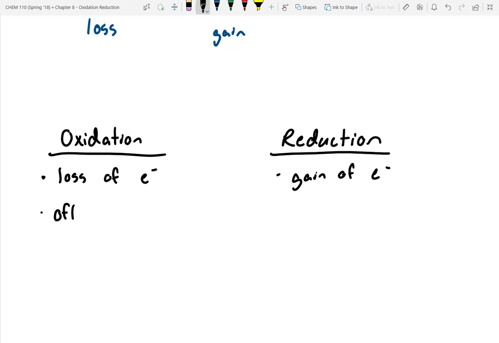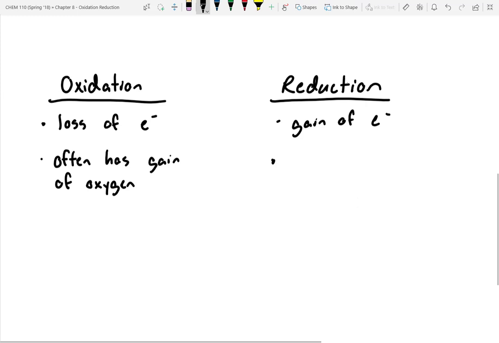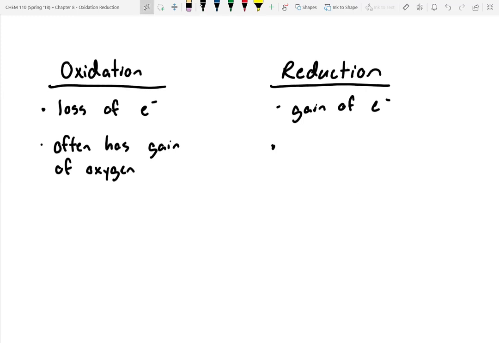Oxidation often has a gain of oxygen, but not always. The best definition has to do with the movement of electrons. And reduction often has loss of oxygen, but not always.